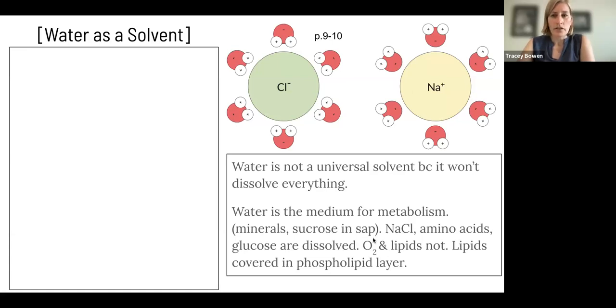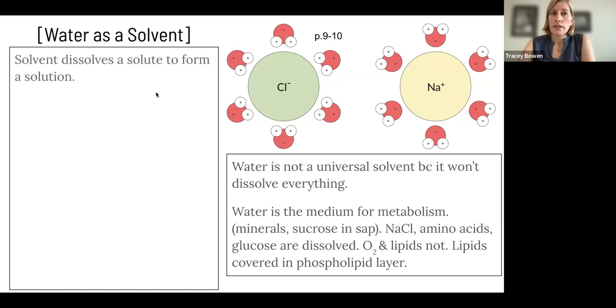A tiny bit of oxygen can go into water as a solute, but lipids cannot. And actually, for lipids to travel in the bloodstream, they have to be covered in a phospholipid layer so they can travel appropriately. But water is the medium for metabolism, and it's where the enzymes are acting in our cells, and it does carry things around our bodies.